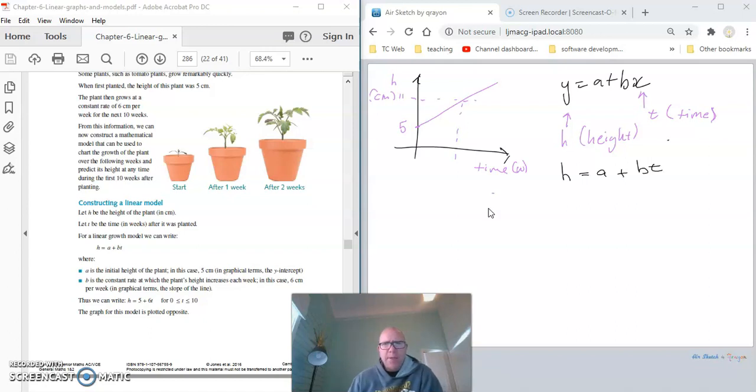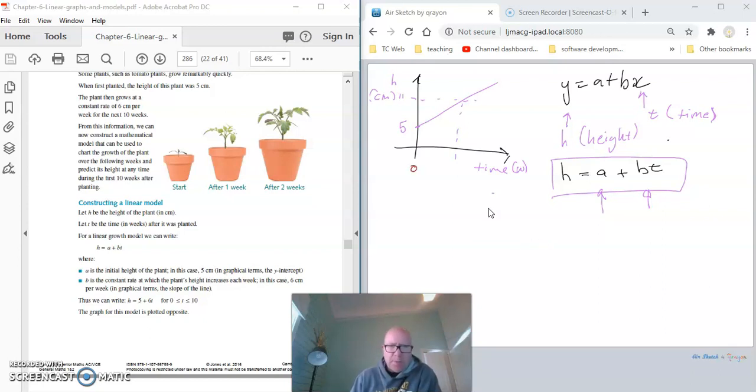Okay, so let's go back to our equation. So we know that h equals a plus bt. So what do A and B now represent? So we know that A represents the y-intercept. What does a y-intercept mean? So the y-intercept happens when whatever's on the x-axis is 0.